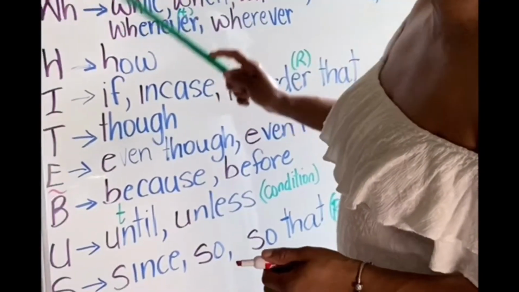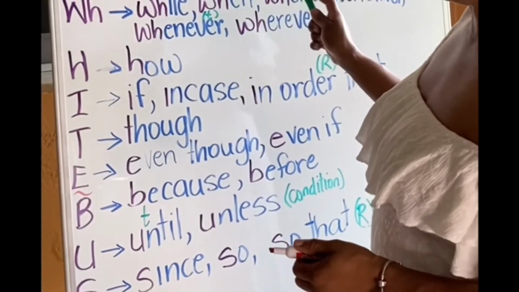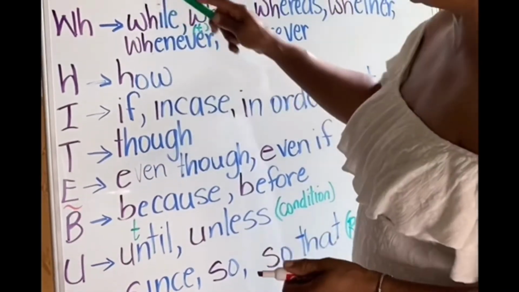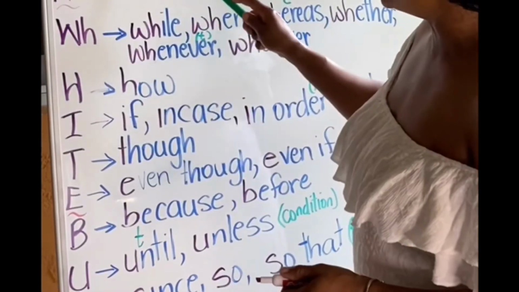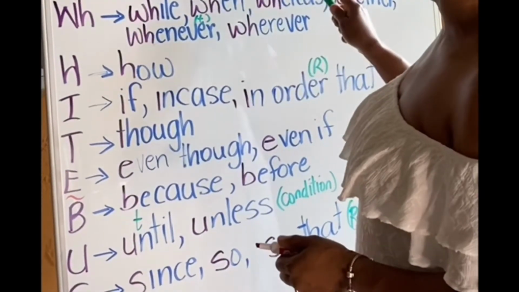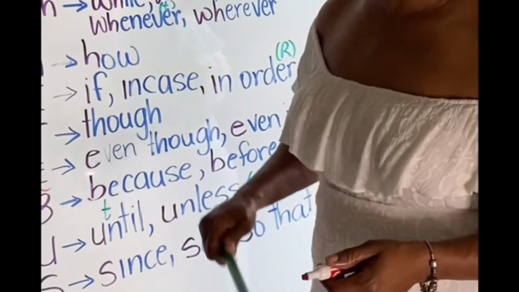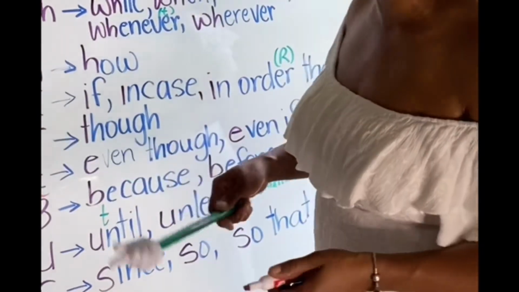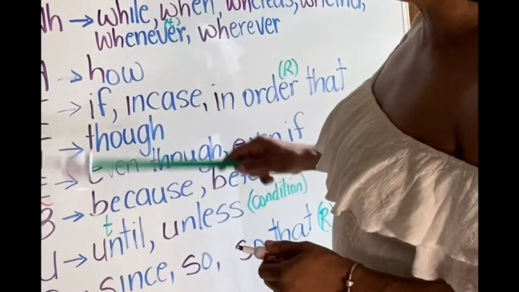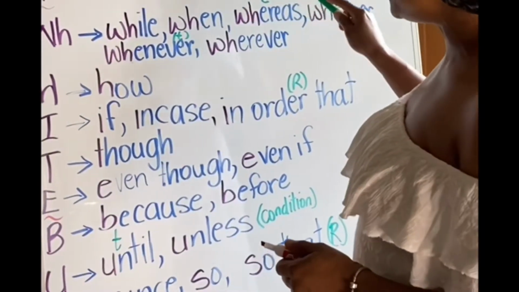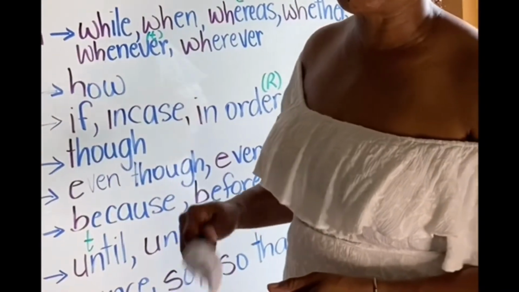O stands for only if and once. So these are all subordinating conjunctions. So O stands for only if or once. Now, only if is used when you're thinking about under a certain condition. N stands for now that. And you see I have T. That little T there refers to time.